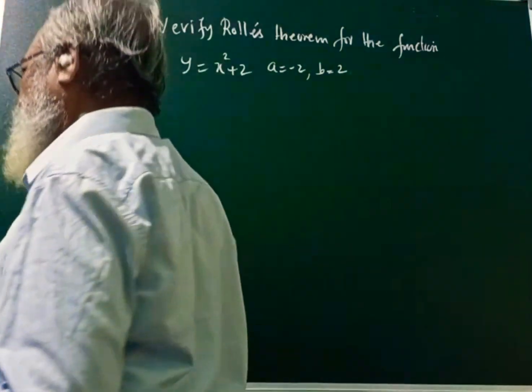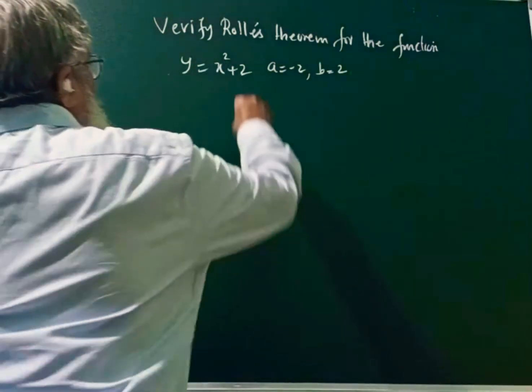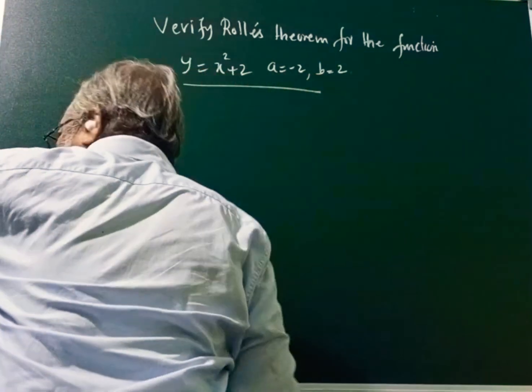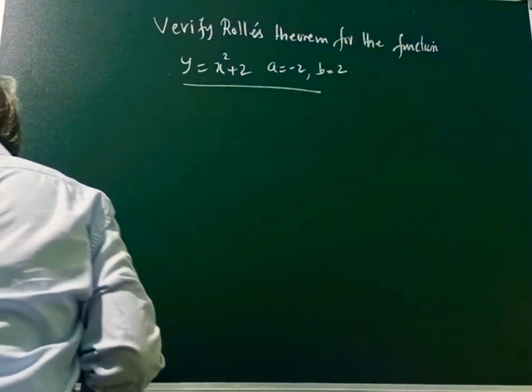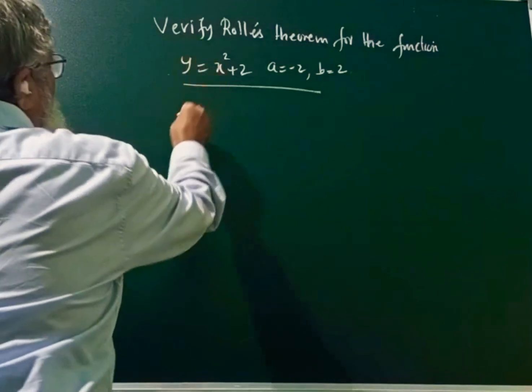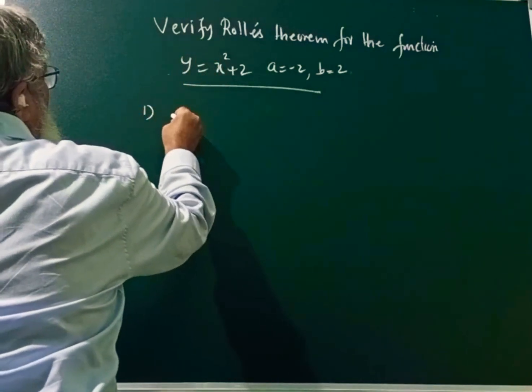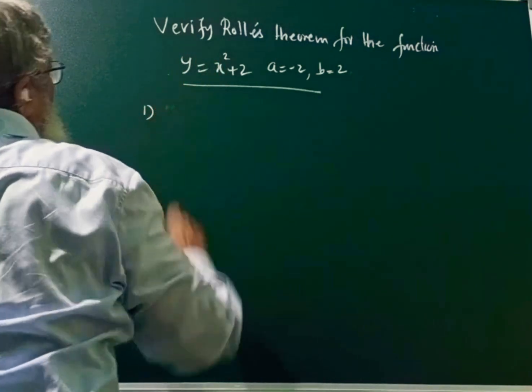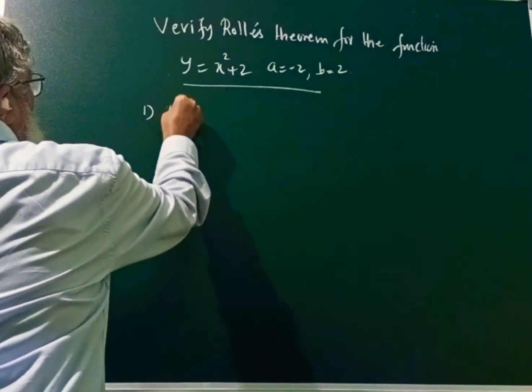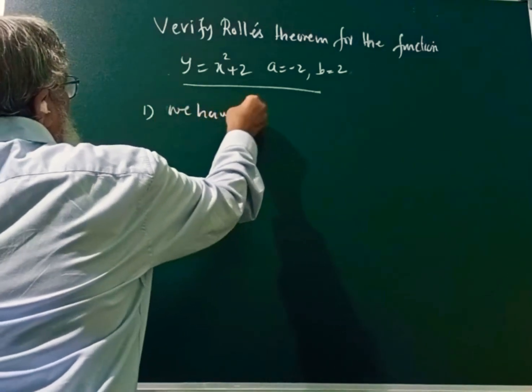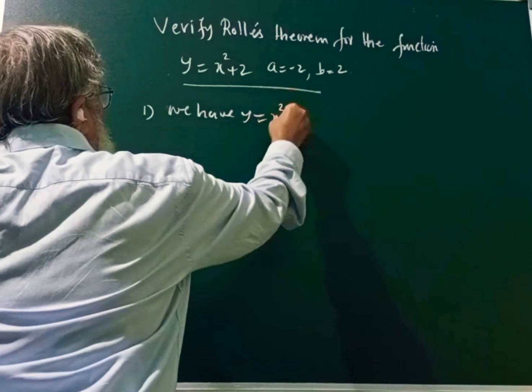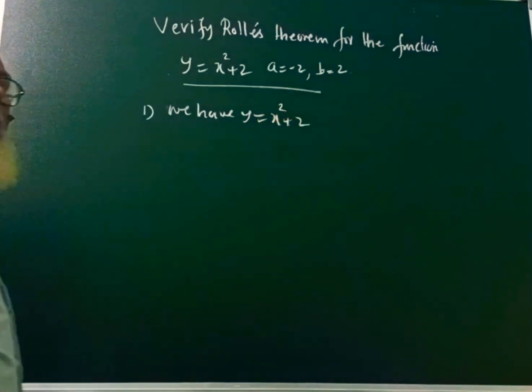First we see whether the given function satisfies all three conditions of Rolle's theorem or not. So here, first one. Now you see here we have y is equal to x square plus 2. It is a polynomial, and we know, we have studied it already, that every polynomial is a continuous function.